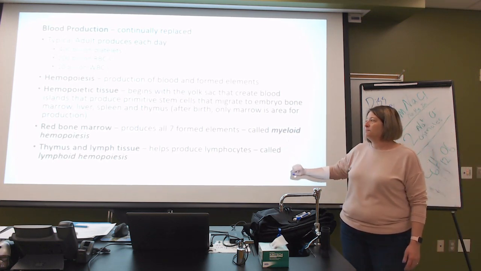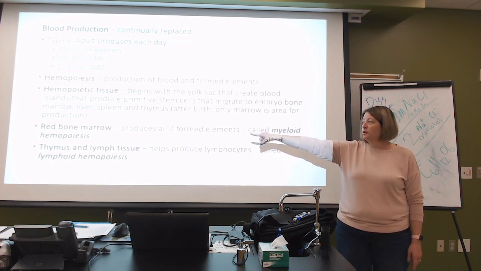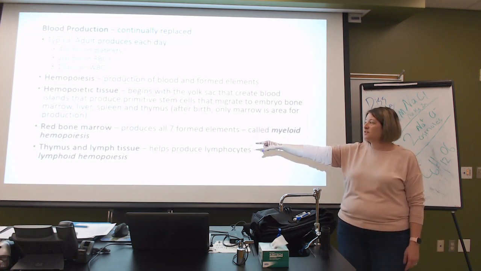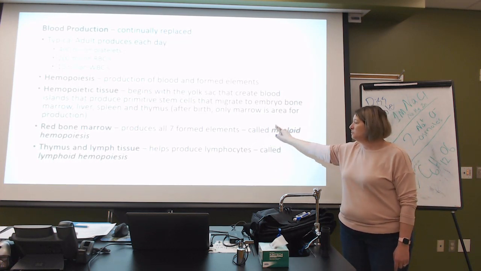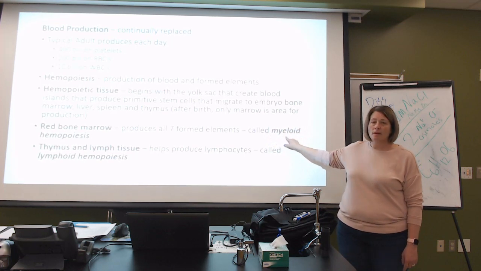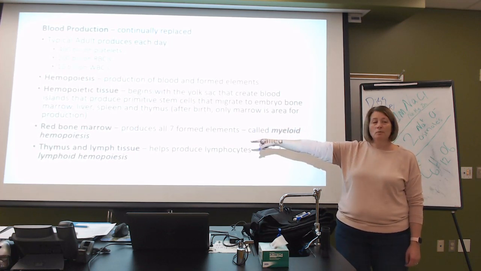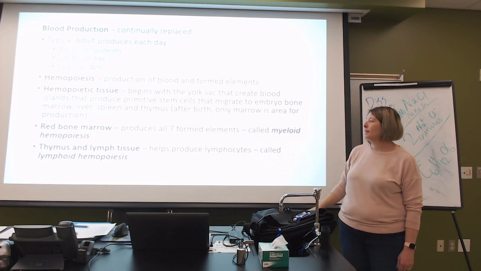In development, red bone marrow produces all 7 formed elements. It's termed myeloid hemopoiesis.